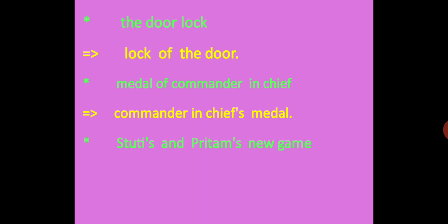We remove apostrophe s after Stuti. So what will be the answer? Stuti and Pritam's new game. Yes. I hope you have properly understood these three rules which we learnt today.